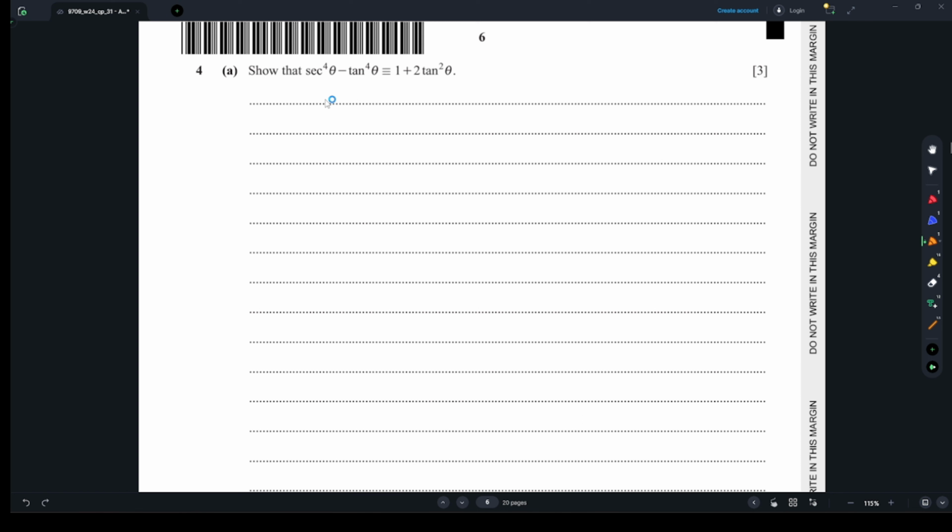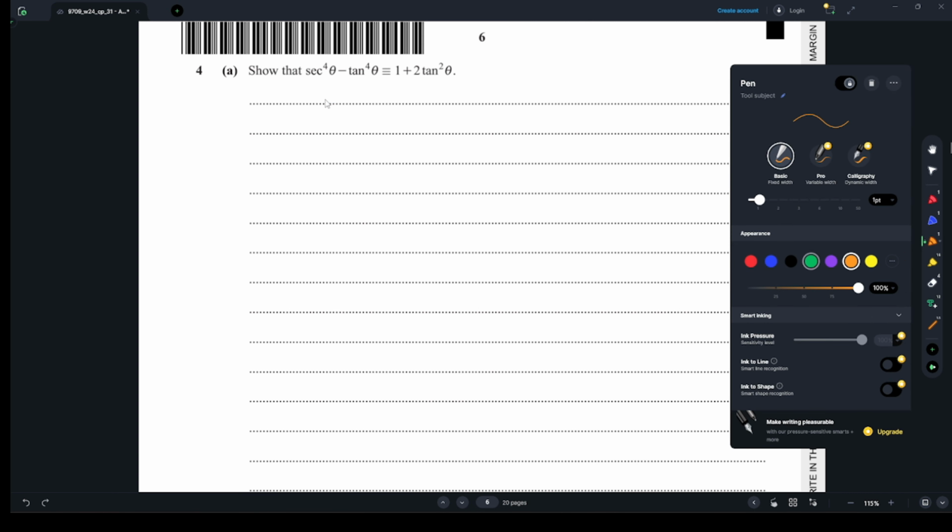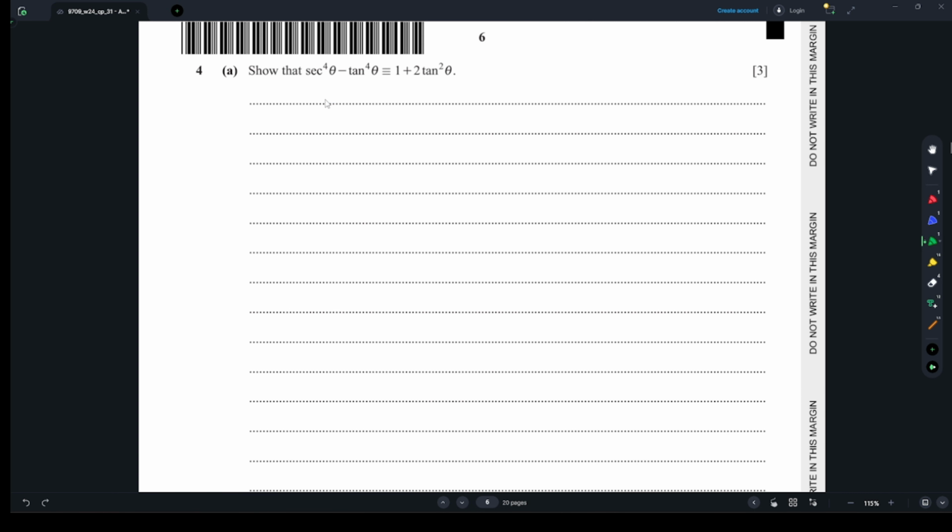Okay, sorry, let's bring back green. So the left hand side is sec to the power 4 theta minus tan to the power 4 theta.